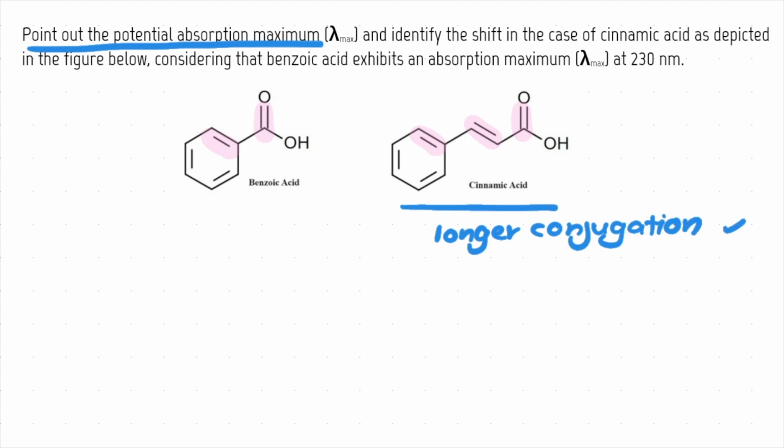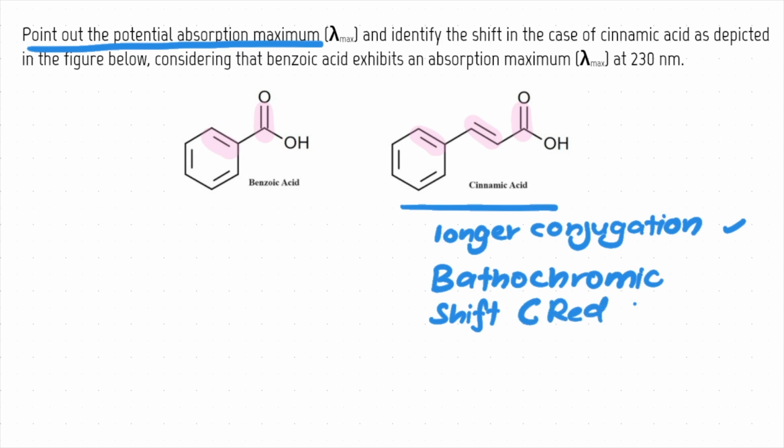And then the cinnamonic acid should have a lower energy gap, hence showing a bathochromic shift. You need to write a bathochromic shift, or in other words, we can say a redshift. So why does it show a redshift? Because it has a longer conjugation.